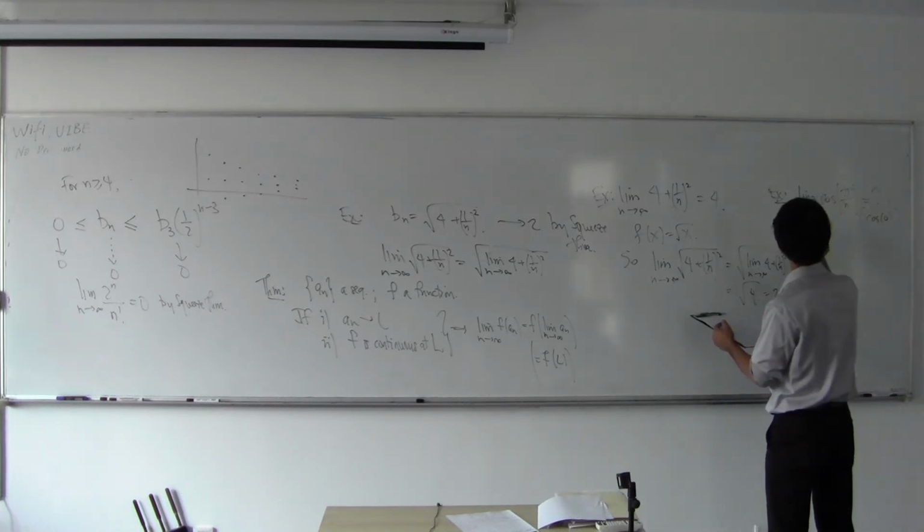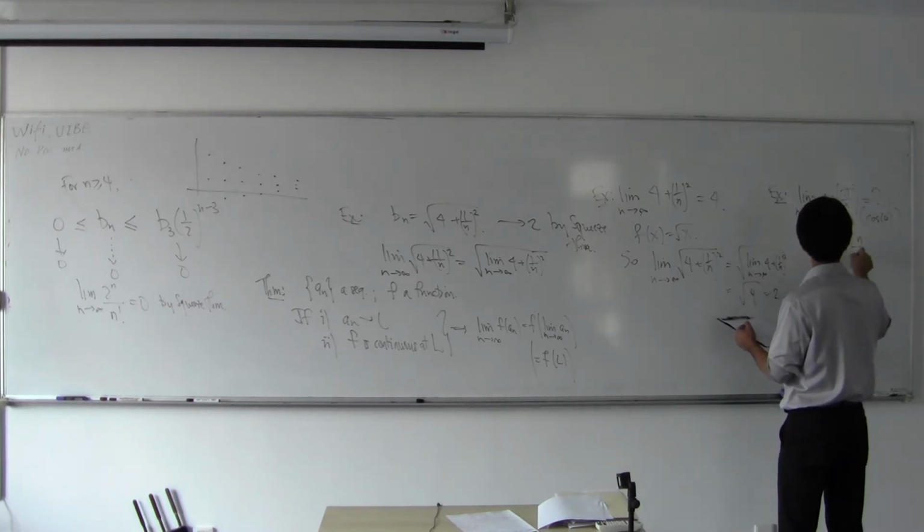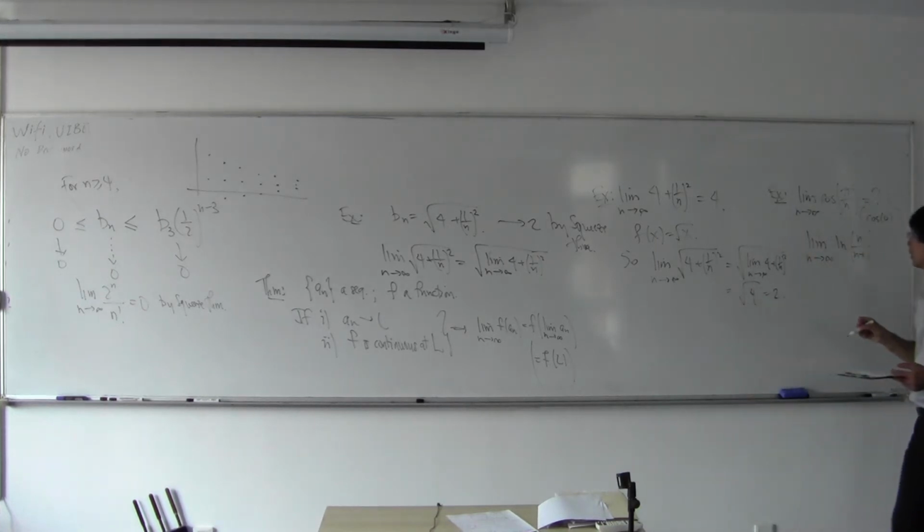Okay. If I take the limit of the natural log of n over 1 plus n as n goes to infinity, well, what's that? It's going to be 0, because you take the limit inside here, you get 1.